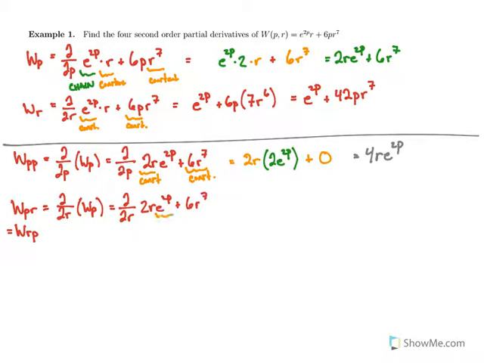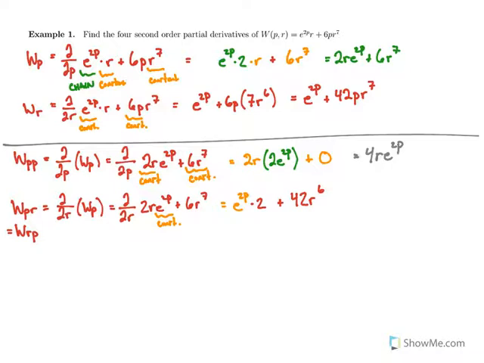And we note that this e to the 2p is a constant. So the constant's going to come along for the ride. And we have the derivative of 2r is just 2. And 6r to the 7th is just a normal derivative. That's going to give us a 42r to the 6th, taking the 7 down out in front times the 6th.